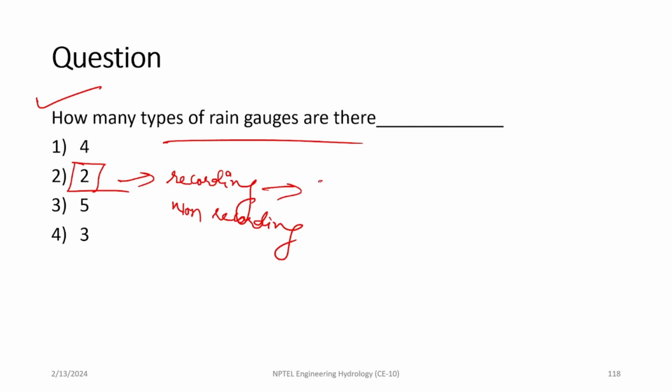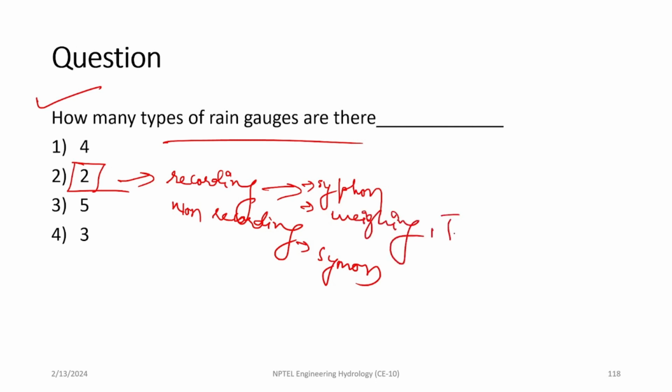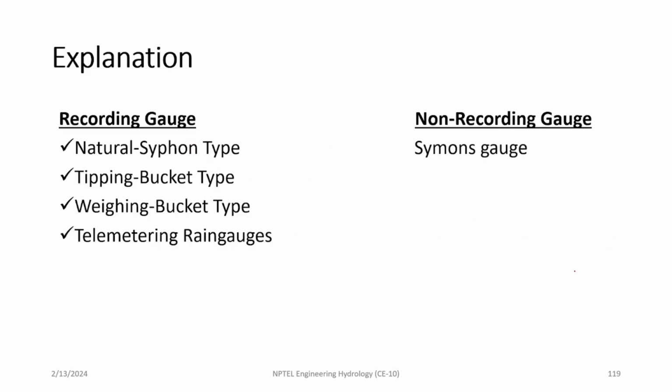Siphon is the recording rain gauge. Yes. Weighing bucket type is the recording rain gauge. Right. And one more recording type is the tipping bucket. Yes, right. So these are the major recording gauges.